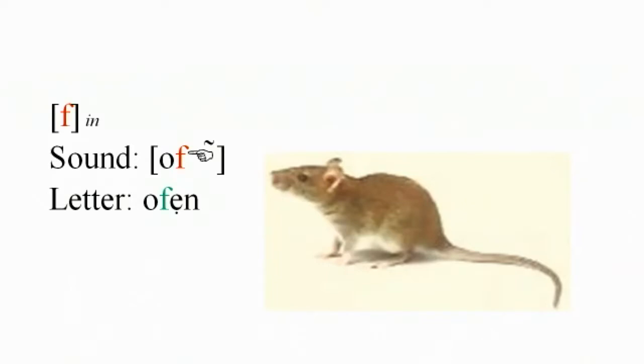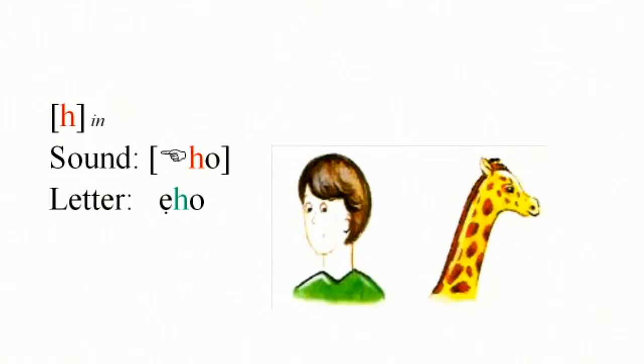Sound C, letter F. Then you have the D in Ogo, no difference in form, as you have it in Ogo. Then you have the sound in Eho, represented by the letter H. You see the sound represented by the letter H.